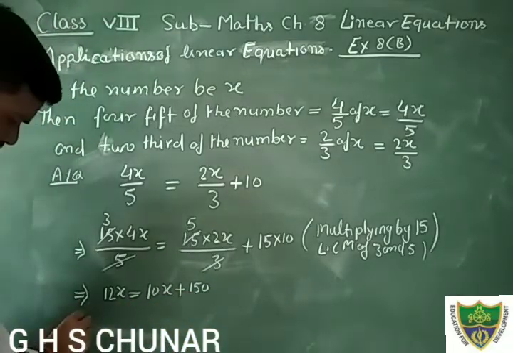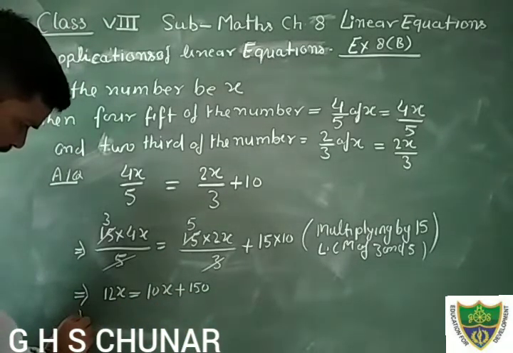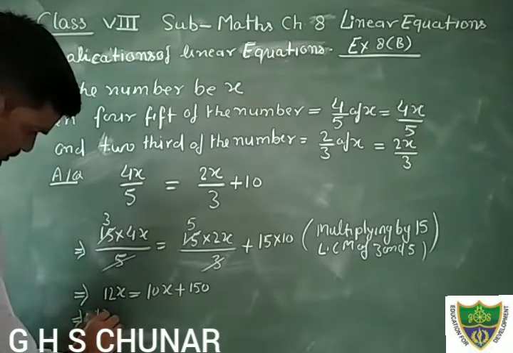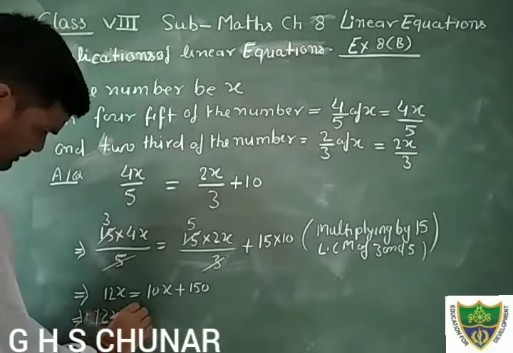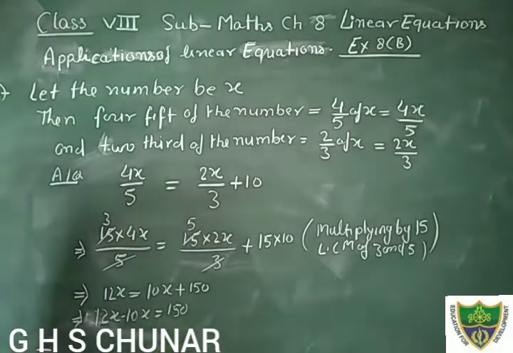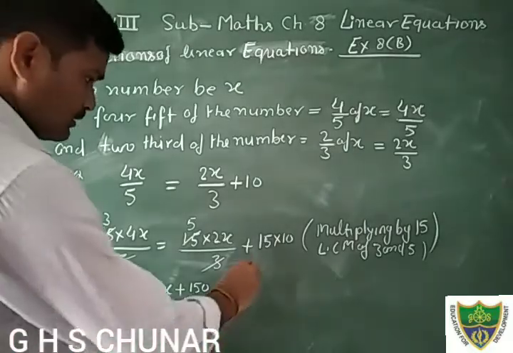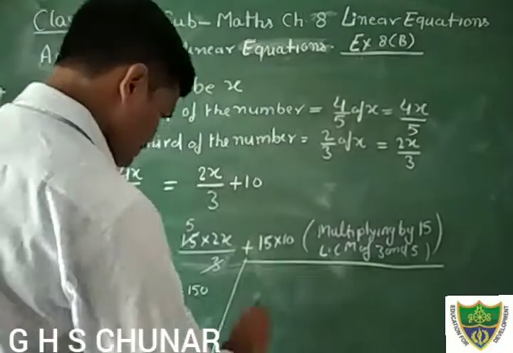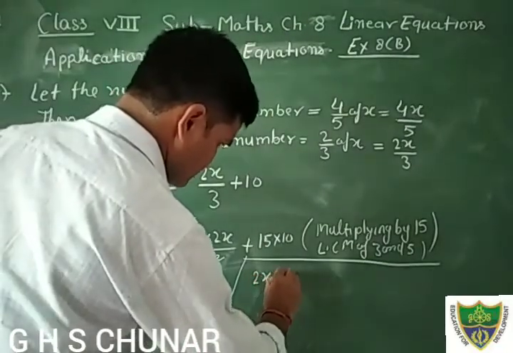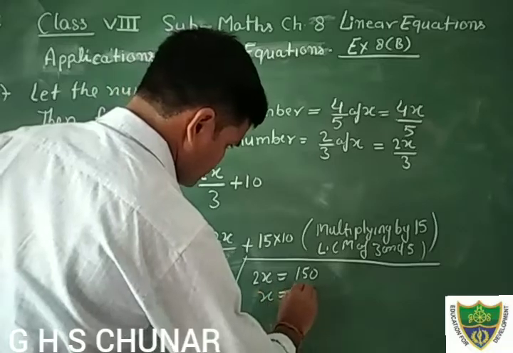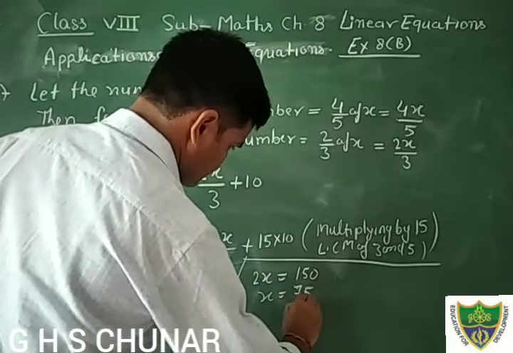Now when we transfer it, it gives 12x minus 10x equals 150. When we solve it, 2x is equal to 150, then x is equal to 75.